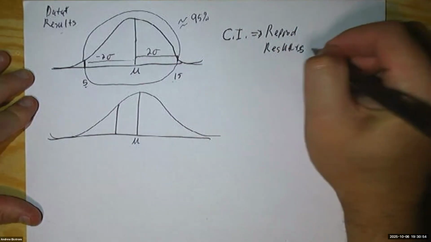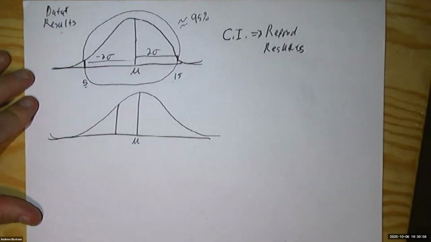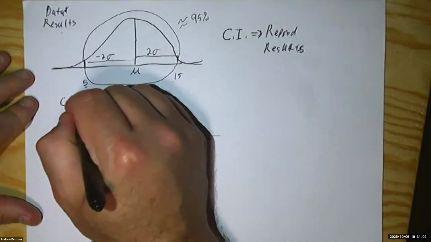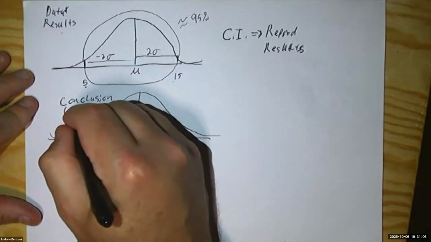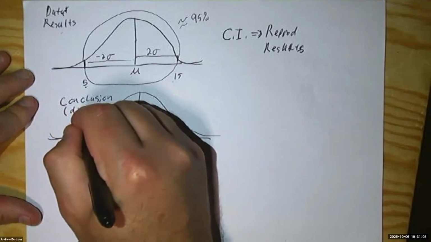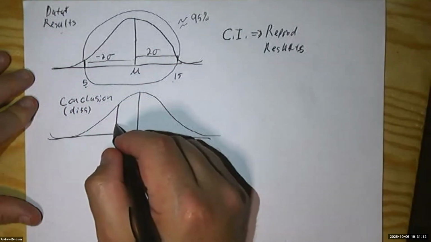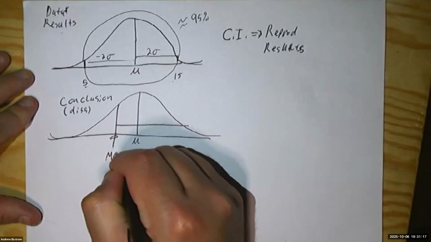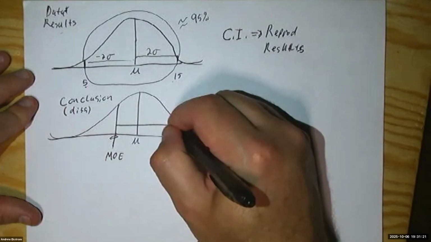And again, it would be nice if I could actually spell anything, but whatever. Now, our conclusion, though, this is that we found some sort of a difference. That only happens when we get a value that's greater than the margin of error.